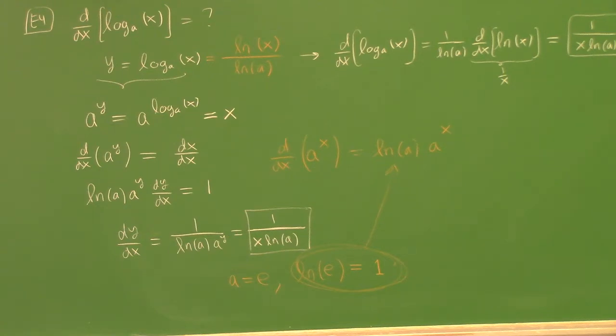So the next topic is related rates. All right? So let's look at some examples. So example 1.